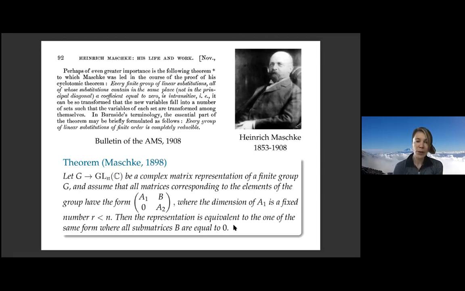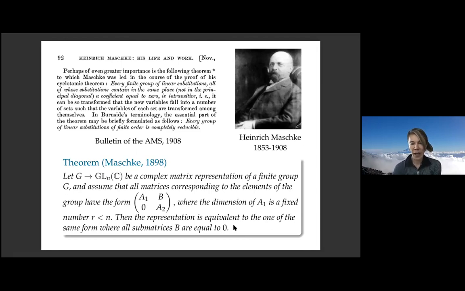Now, one can put it in Burnside's modern representation theoretic terminology and say that every group of linear substitutions of finite order is completely reducible, which is already closer to what we would say these days. But I wanted to state it in very simple, like matrix terms, going back to the fact that representation theory is basically just linear algebra.